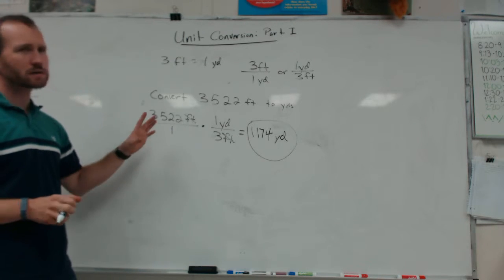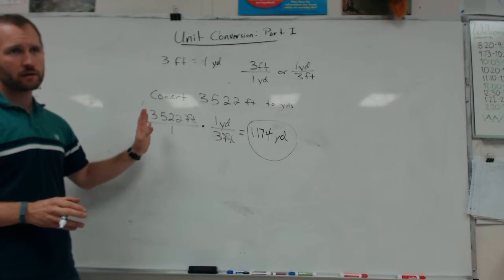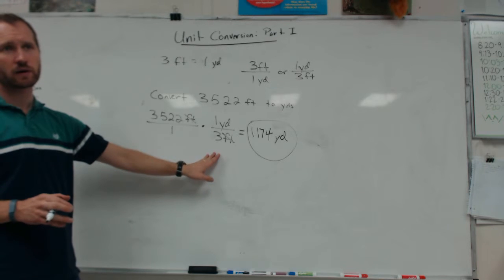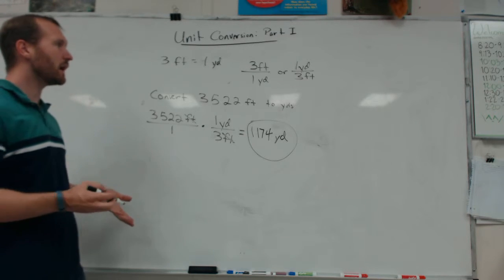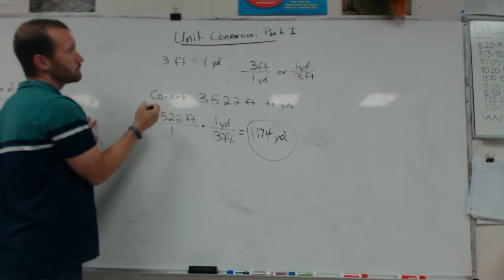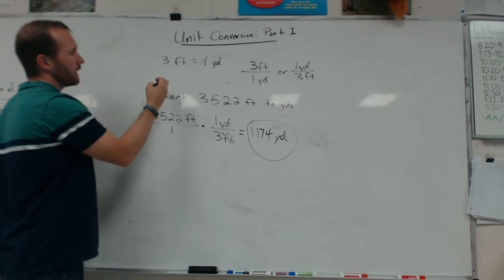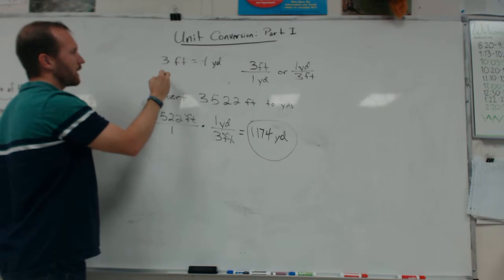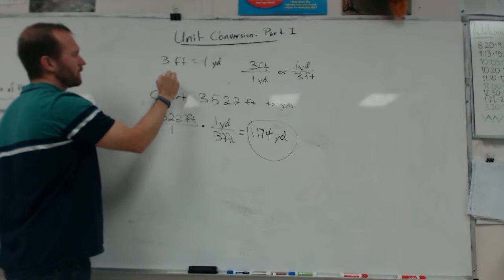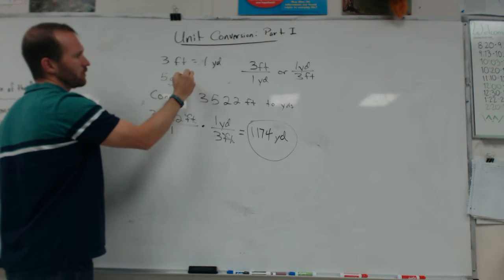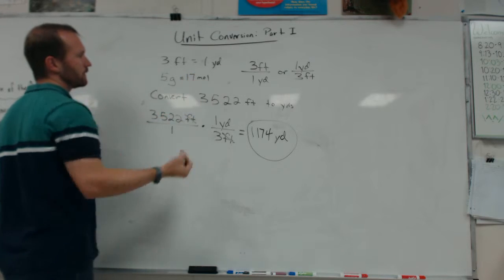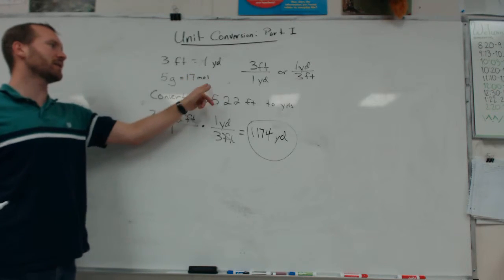The reason that we do this is because when the numbers get more complicated, understanding this process will help you deal with more complicated numbers. Because sometimes you'll have a conversion factor that says, I can't really think of one off the top of my head, but if it said something like 5 grams equals 17 moles, which is a scientific unit, it's not an animal.